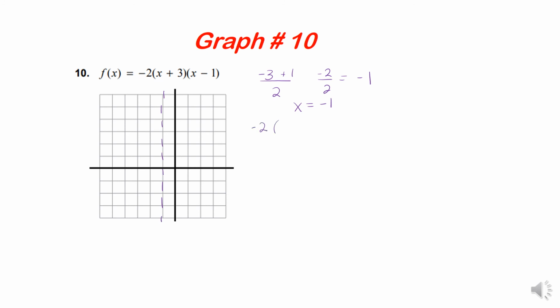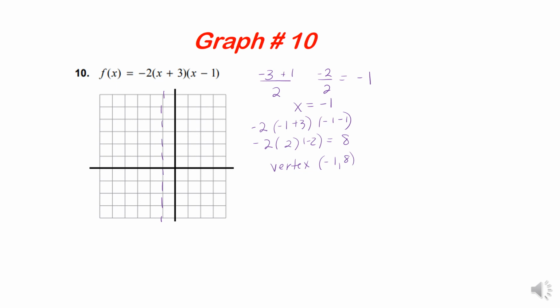Okay, then I'm going to take the negative 1 and plug it in. Negative 2 times negative 1 plus 3 times negative 1 minus 1. And this is negative 2 times 2 times negative 2. And that equals positive 8, because it's a negative times a negative, and 2 cubed. So my vertex is negative 1, 8.